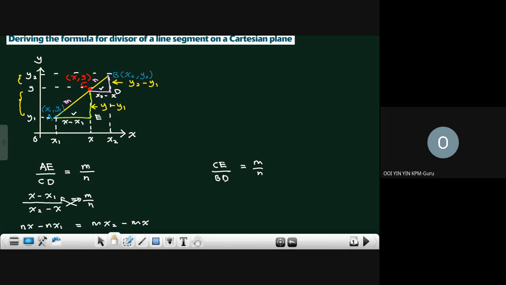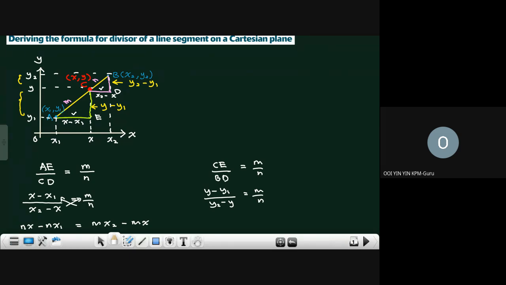So now we put in our CE is y minus y1, and then we divide with BD here, which is y2 minus y, equals to m over n.